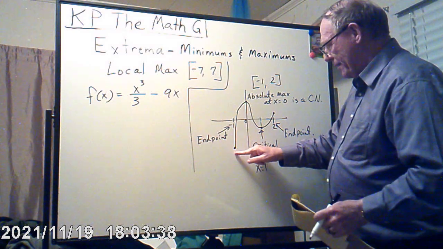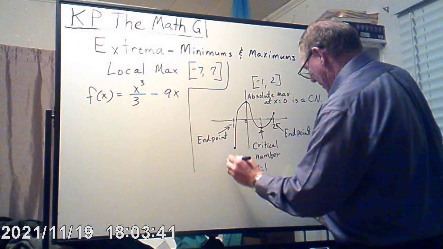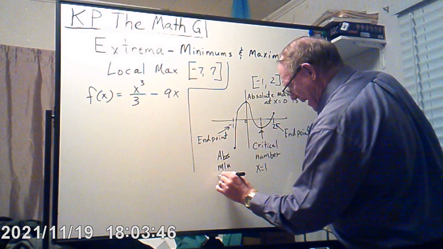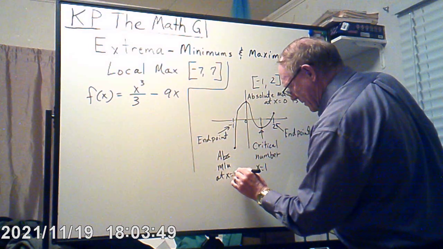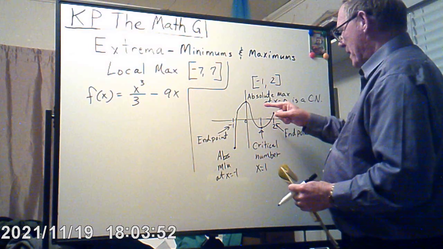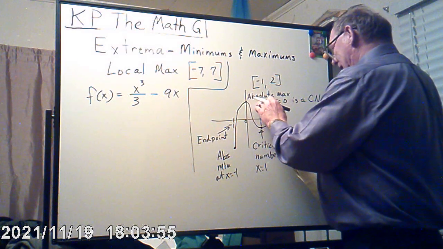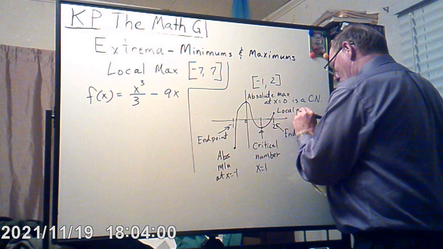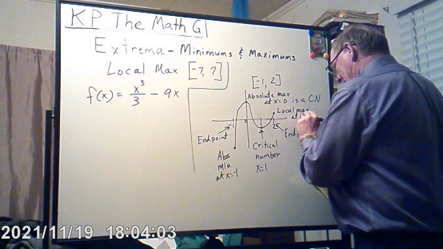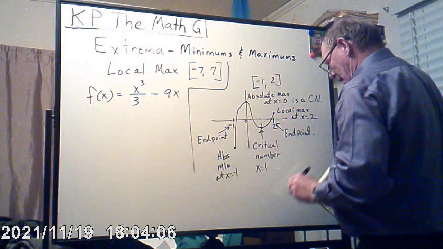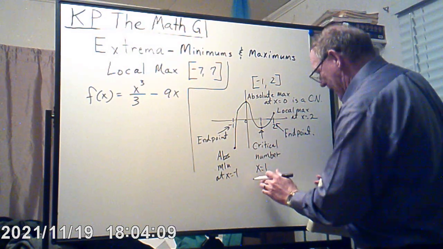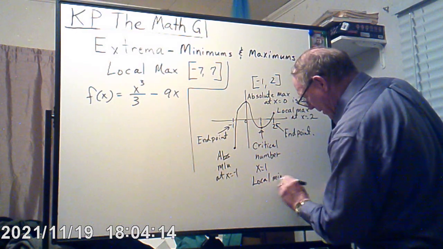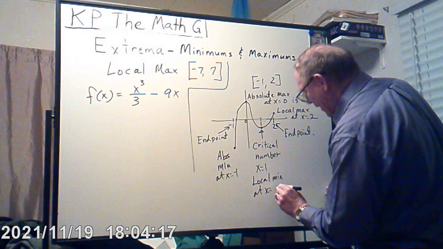So in this particular case, we have an absolute min at x equals -1. That's one of the endpoints. We have an absolute max at x equals 0. We have a local max at x equals 2, and we have a local min at x equals 1.